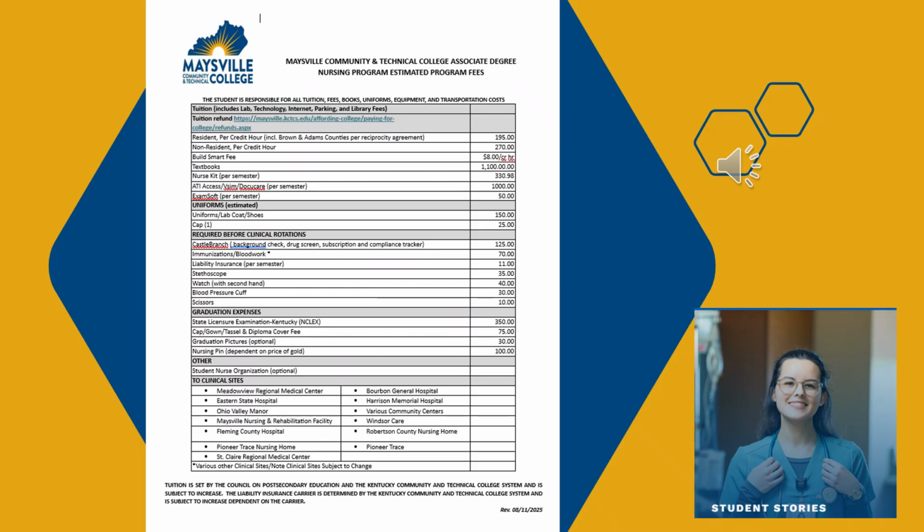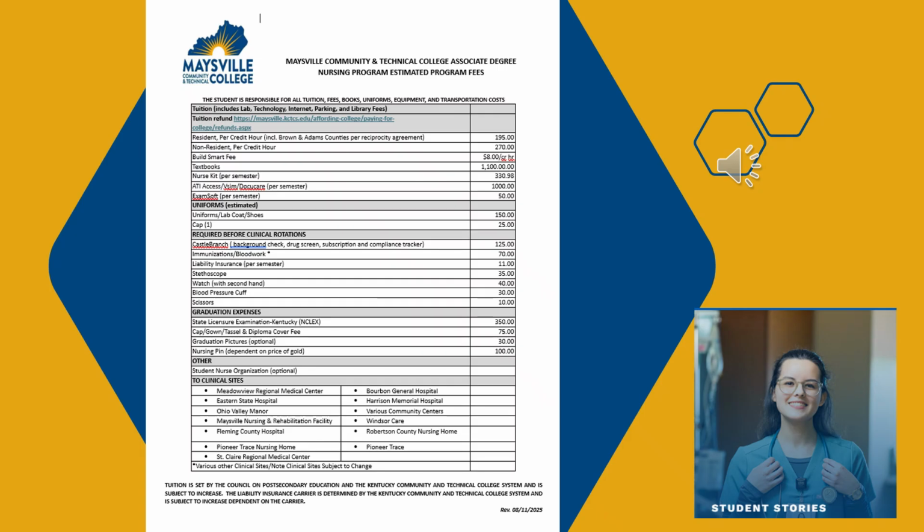But currently, the credit hour charge is $195 per credit hour. So you can do the math, and if you figure Nursing 101 is 9 credit hours, you times that by the 195, and that's how much that class would be.